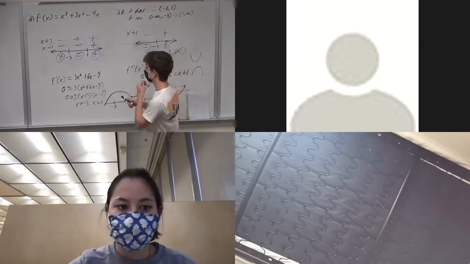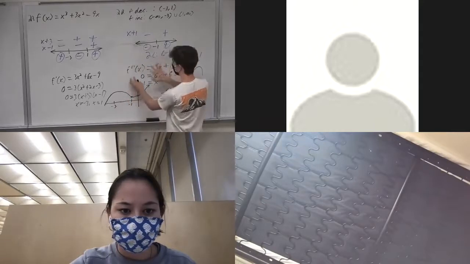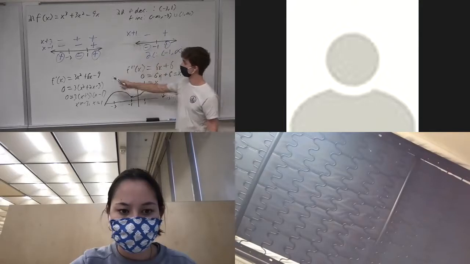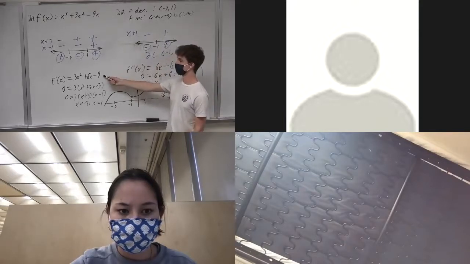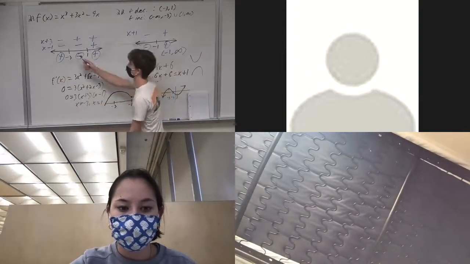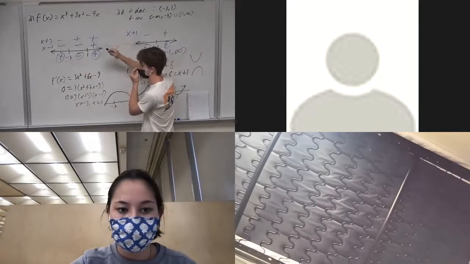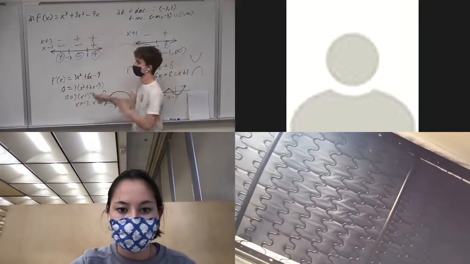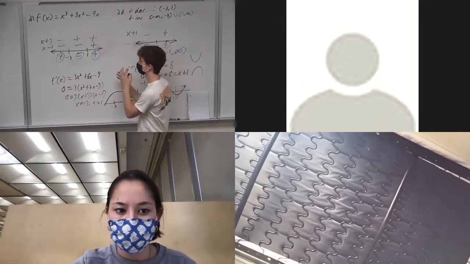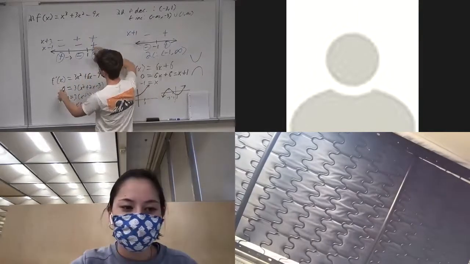So whenever we have something positive in the second derivative, that means we're increasing in the first derivative, because whenever the first derivative is positive, the original is increasing, right?